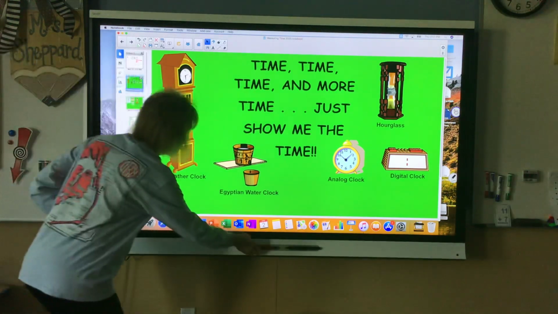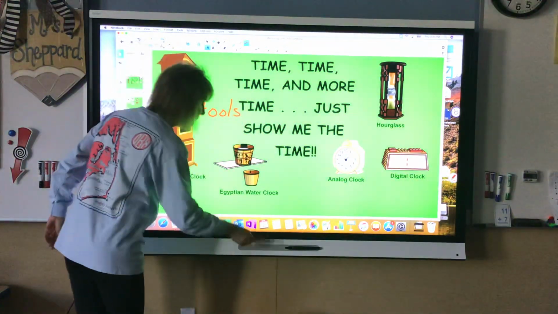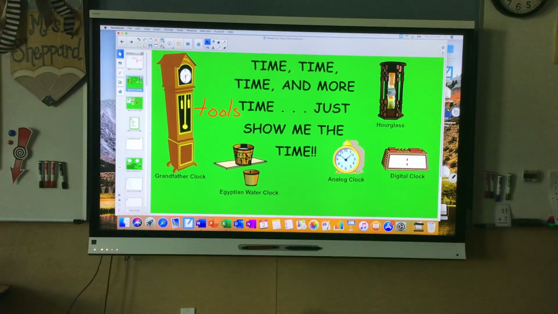I have up on the smart board for you some tools for measuring time. If I want to measure length, I might use a ruler, a yardstick, a meter stick, a measuring tape, a tape measure, an odometer. If I want to measure time, I might use a grandfather clock.